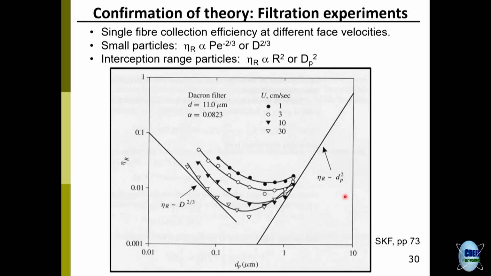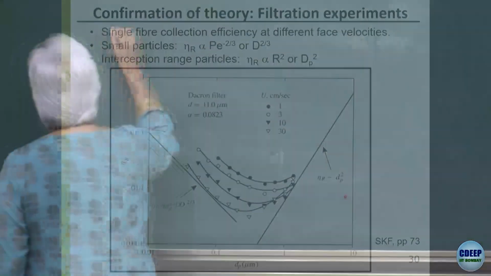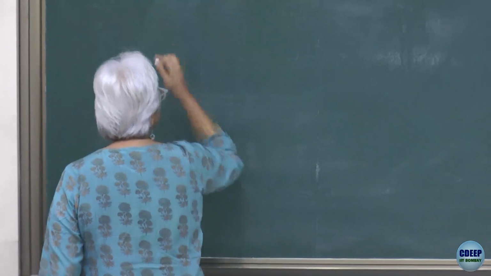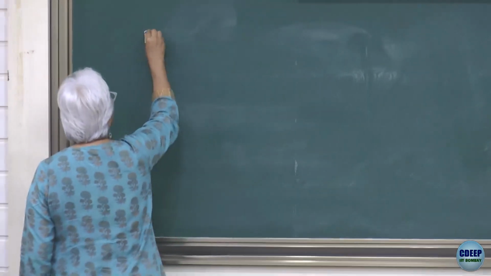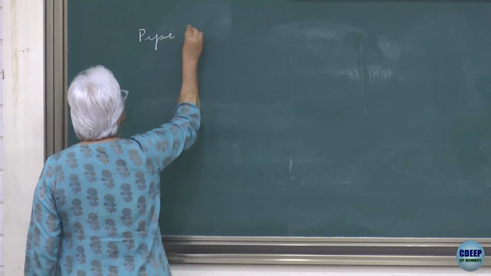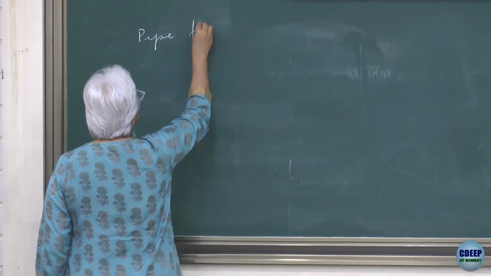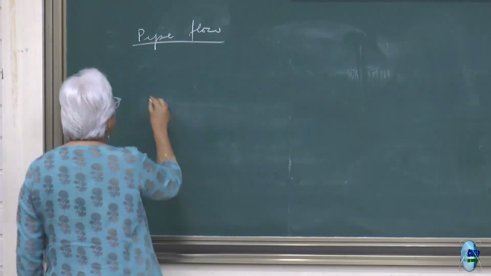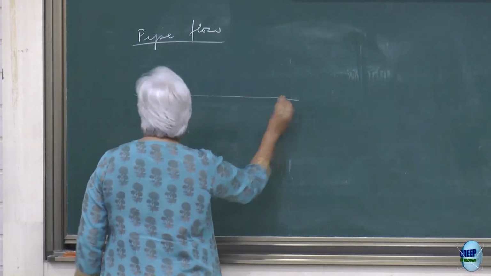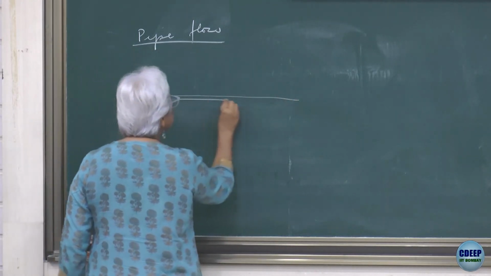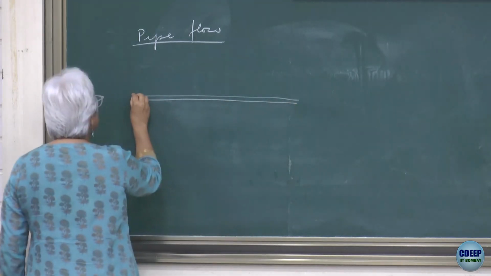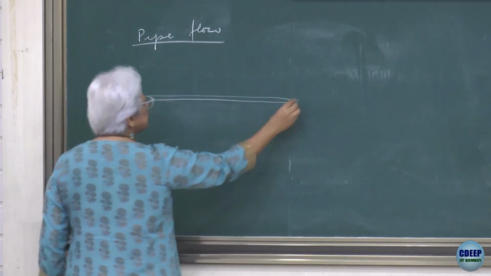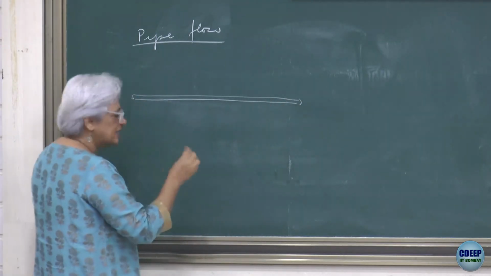Now, let us take another case which is called diffusion from pipe flow, and the reason to consider this is that it is quite different from the pipe flow that we think about in chemical engineering, in that we have pipes that are very small in diameter and large in length.